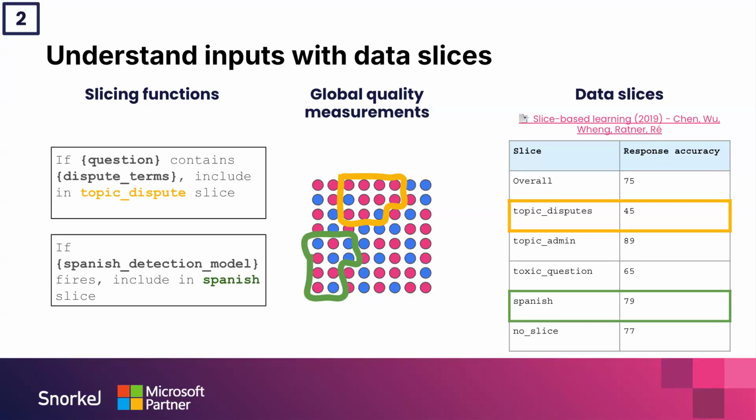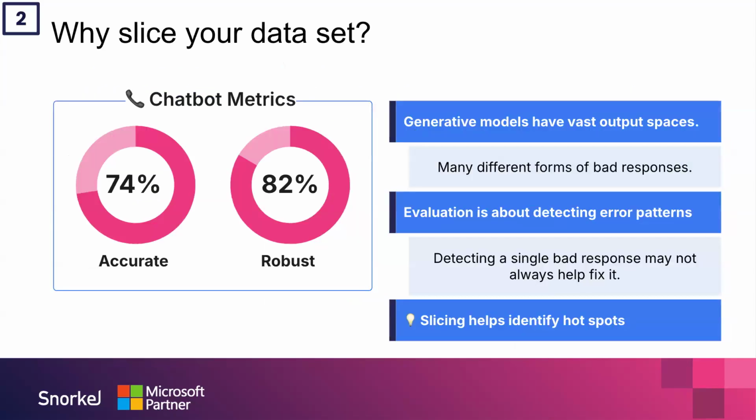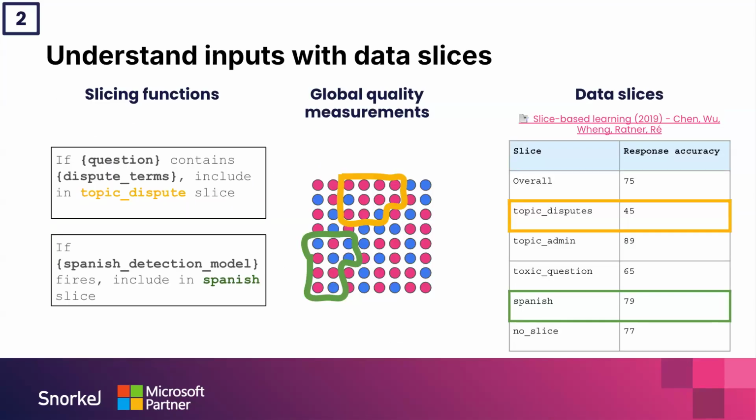By slicing the data like this and evaluating slice by slice, you start to see the problem. 75% overall accuracy, 45% on disputes. If you're only looking at this top line chart, you're not going to see that. You're just saying, oh yeah, the model's doing well, let's move on. You start slicing it, you go, oh wait, no, there's a problem. We need to address this. And this graphic in the middle, you can imagine each of those as your data points, and you're just drawing lines around them.